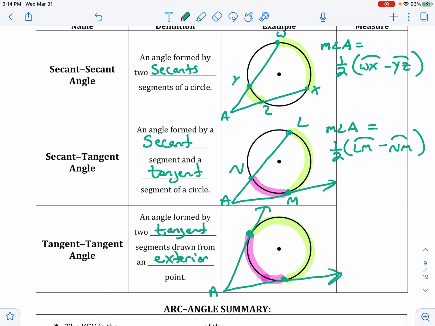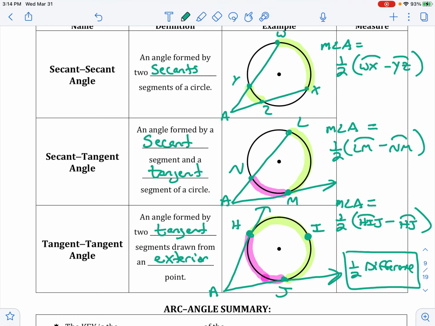We'll call this angle A again, but this time we'll call this H, and this J, and I'm going to put a letter here so we can refer to it, since that's a really big arc. So again, the measure of angle A is equal to half the big arc, HIJ, and then take away the small arc, HJ. So we say half the difference for this rule.